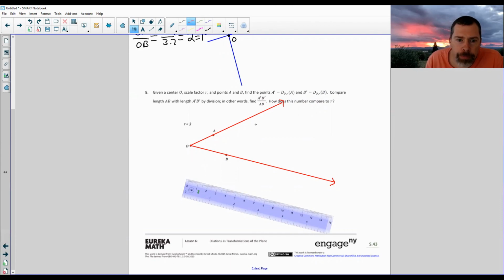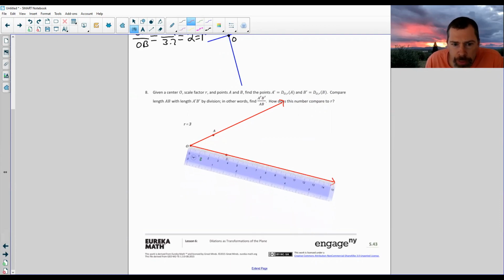So it says r equals 3. If I put this back and measure, OB equals 3.75.